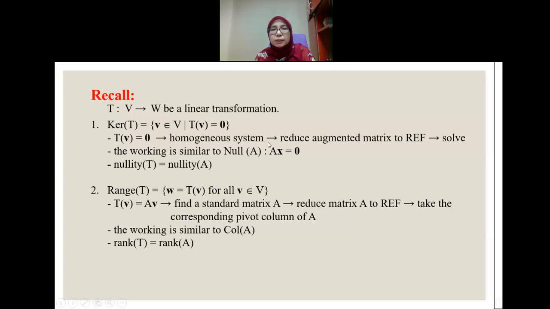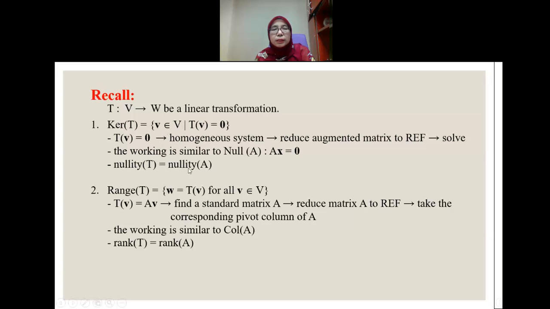Form a homogeneous system, and then you reduce the augmented matrix to REF and then solve for whatever variables are involved in the system.